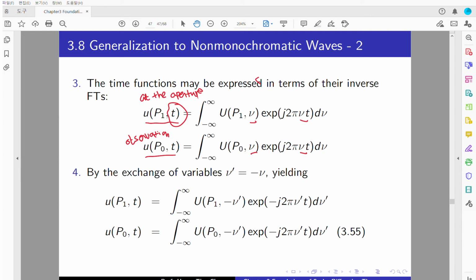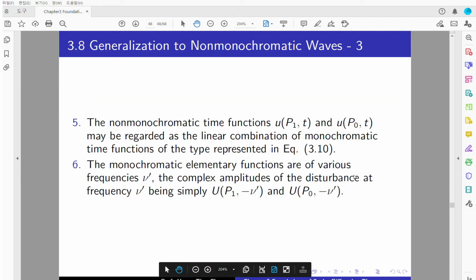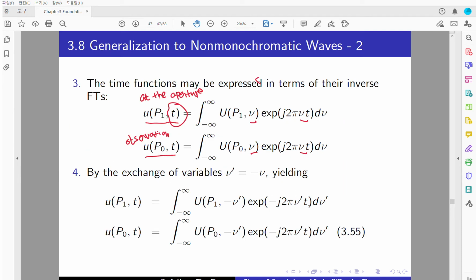And then what we are going to talk about is that the non-monochromatic time functions u_p1(t) and u_p2(t) may be regarded as a linear combination of monochromatic time functions of the type represented in equation 3.10. So that means if we know the individual response for this component, remember that each frequency, and then we know what they are, because if it's given, then we know what they are.